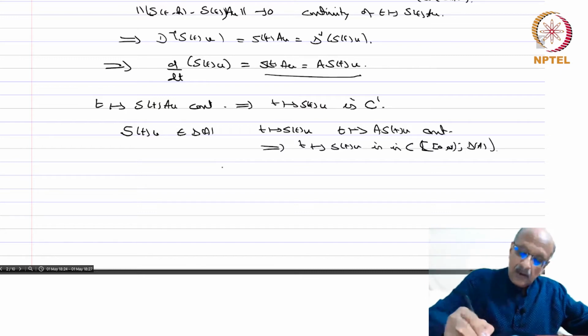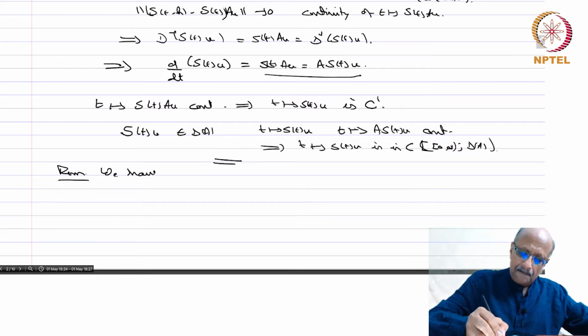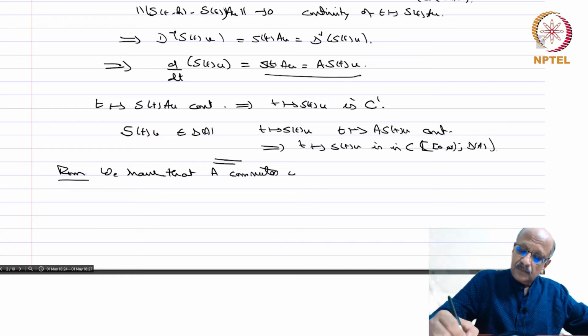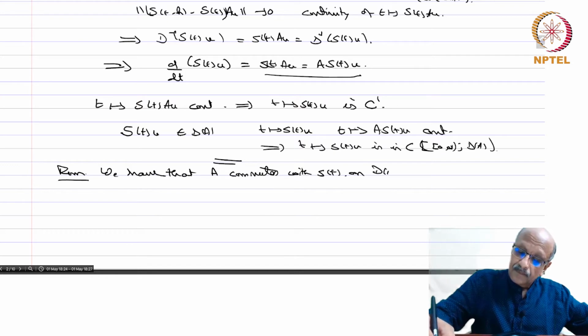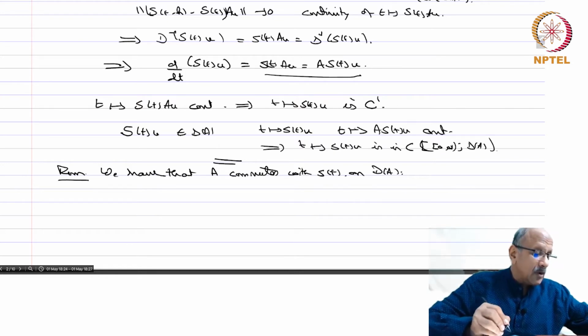Okay. So remark, we have that A commutes with S(t) on D(A). Okay, that is important. So what have we shown?